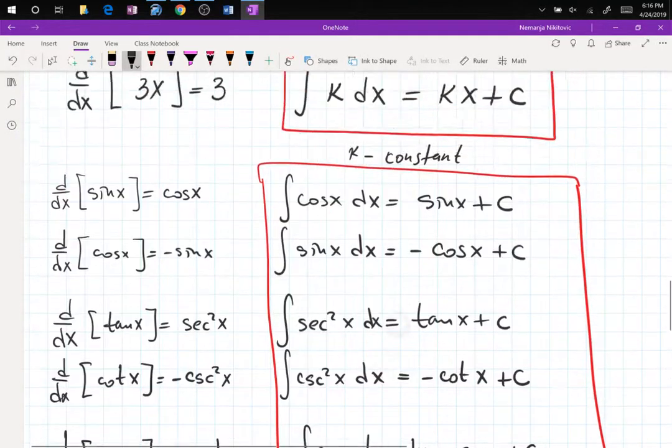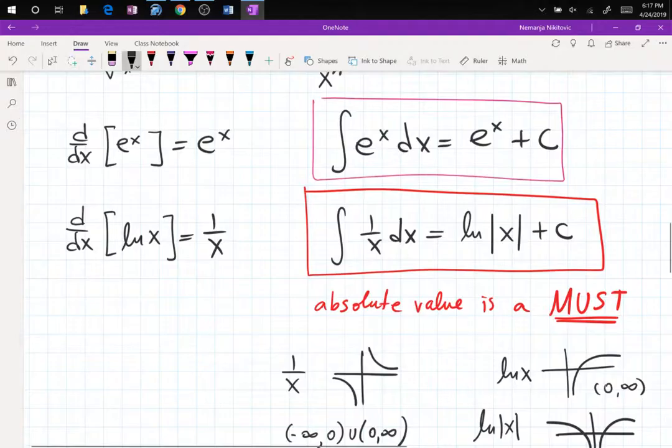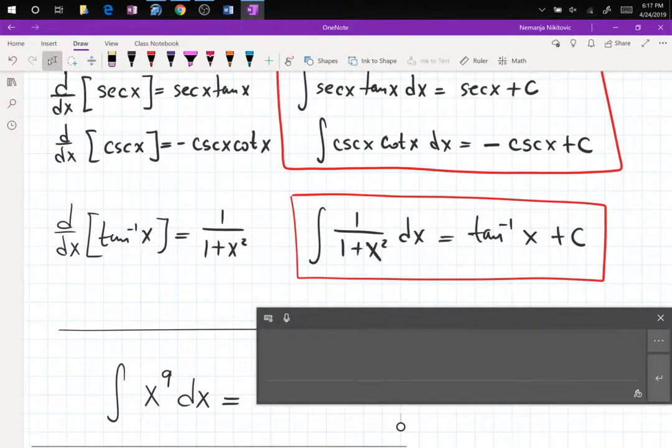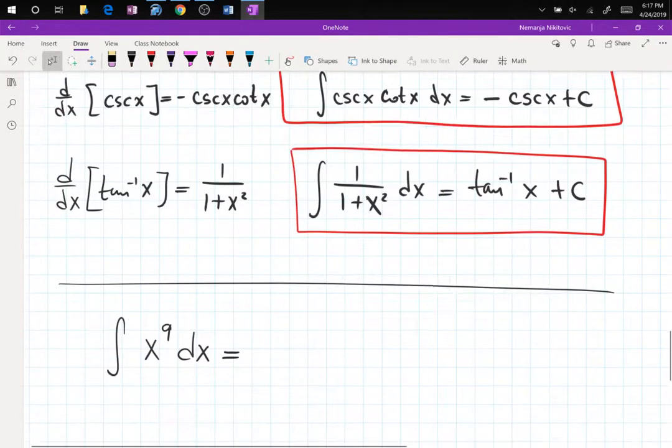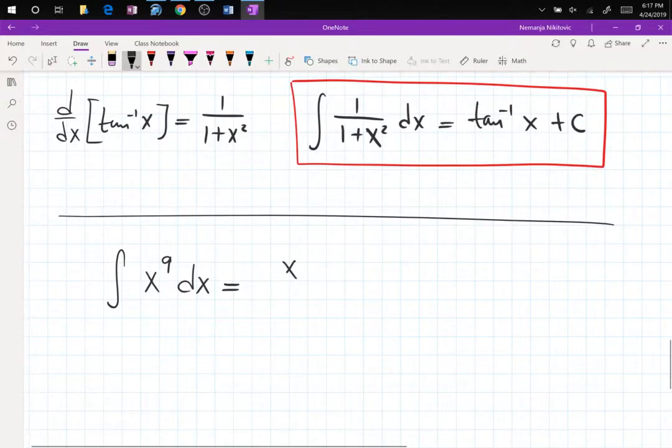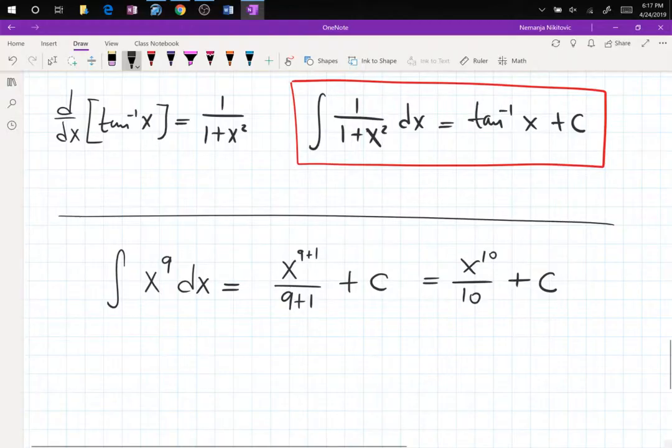You scroll up to the polynomial formula, right? And the polynomial formula says that you are supposed to increase by 1, divide by 9 plus 1, plus c. x to the 10 over 10 plus c. Green?